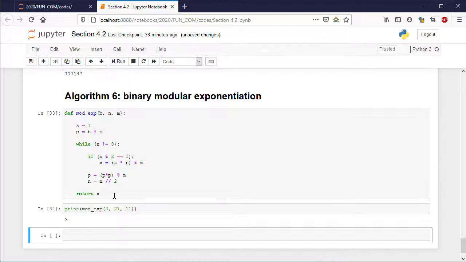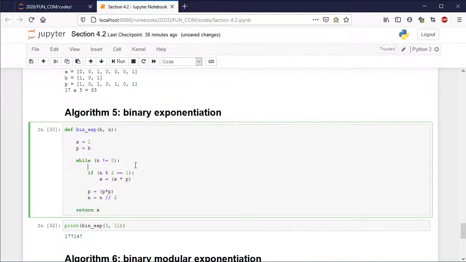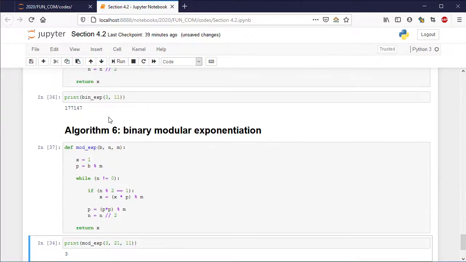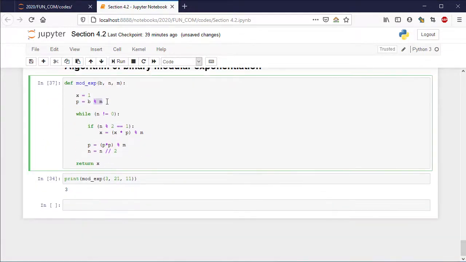Since we already have this binary exponentiation function, what we need to do in the next algorithm is just to use the mod m operation for each of these multiplications. Right? When we do the multiplication, we find the remainder by dividing the product by m.